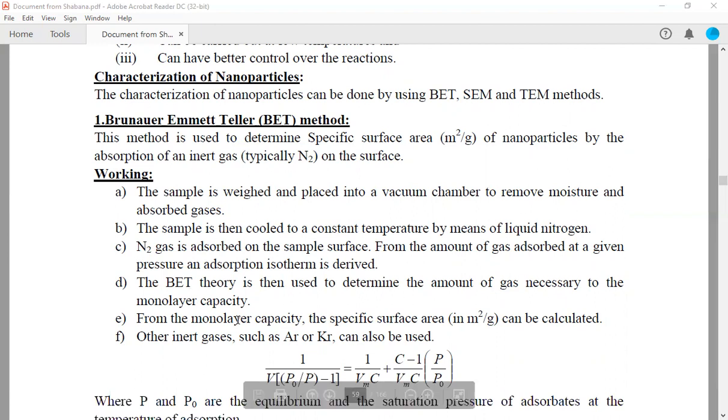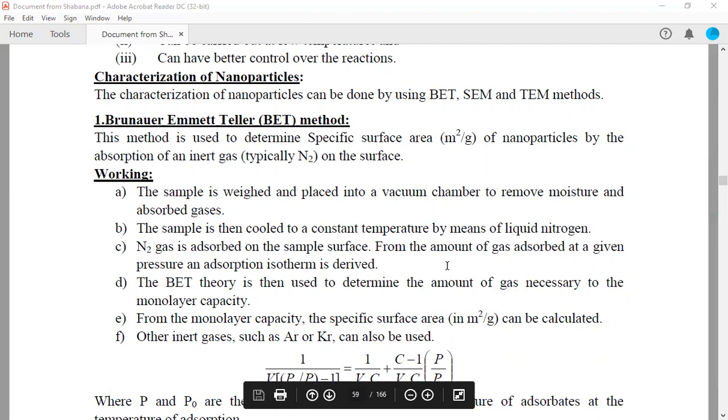From the monolayer capacity, the specific surface area can be calculated. Other than nitrogen gas, other gases such as argon or krypton can also be used as the adsorbate.